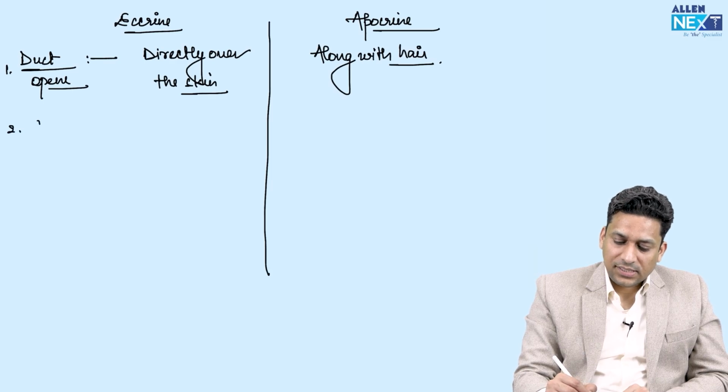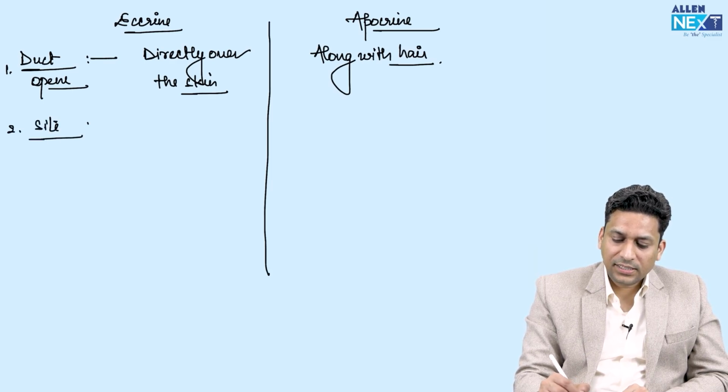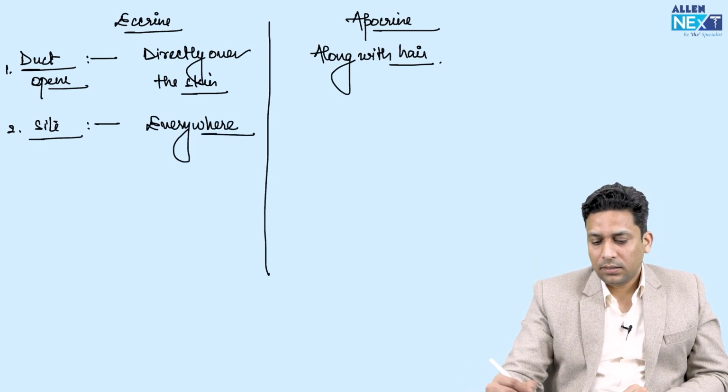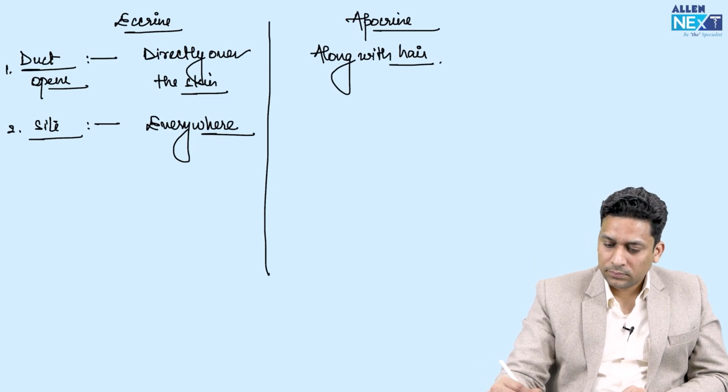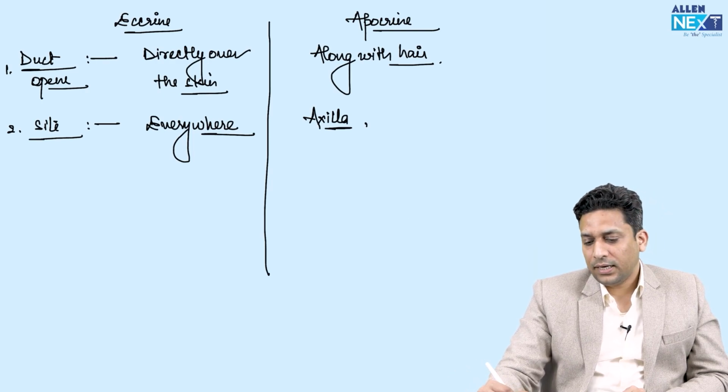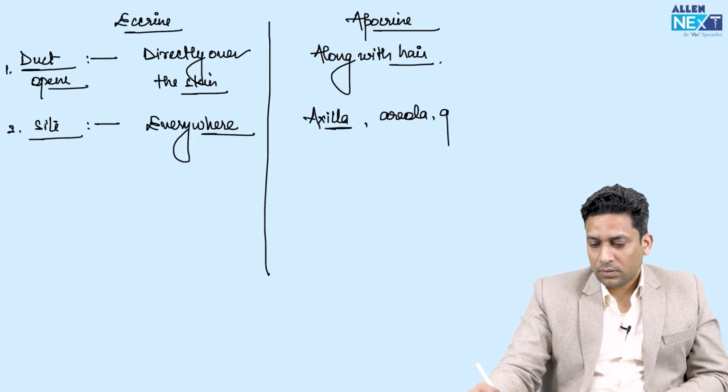Another difference is site. Eccrine sweat glands are present almost everywhere, while apocrine are mainly present over the axilla, though other sites are also involved, like areola and groin.